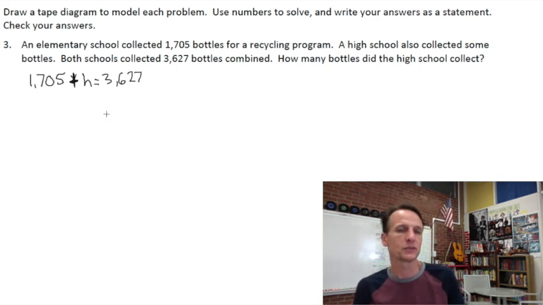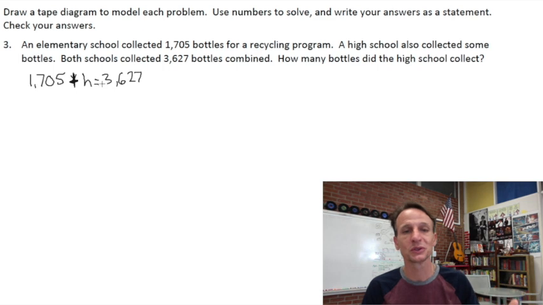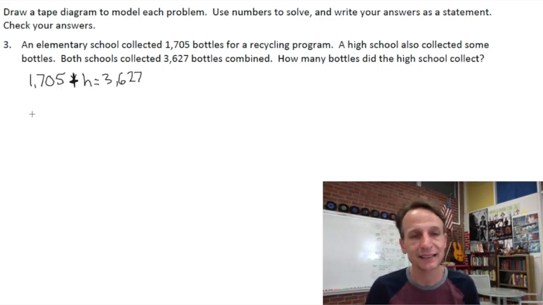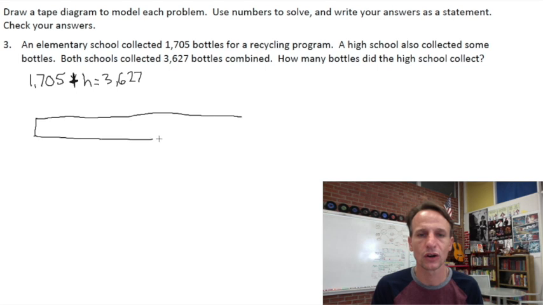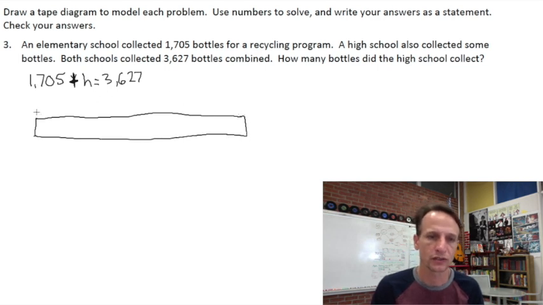Okay, so we know from number 2, if we subtract this addend from the sum, we will get the unknown addend. And in fact, that's exactly the whole point of the tape diagram. The tape diagram is to help you see what you're supposed to do. So this is all the bottles right here, okay? And so what's our total for bottles? Well, it's actually right there above it, but I'll write again.